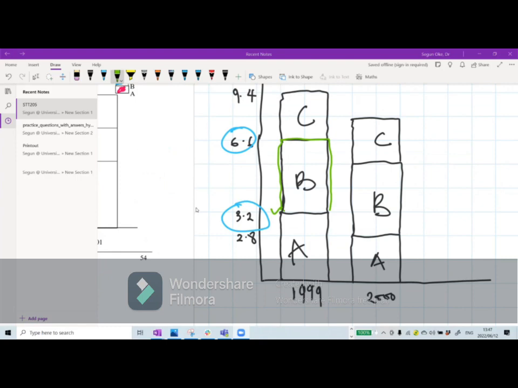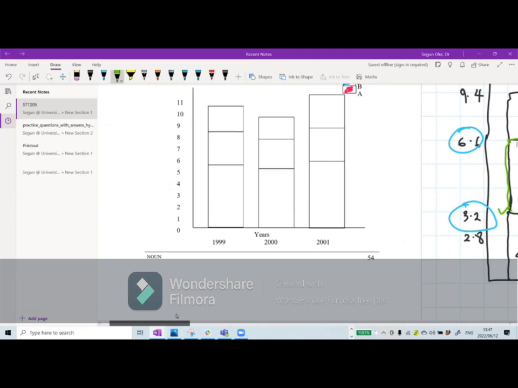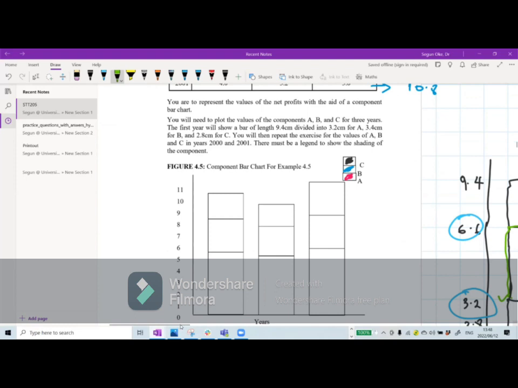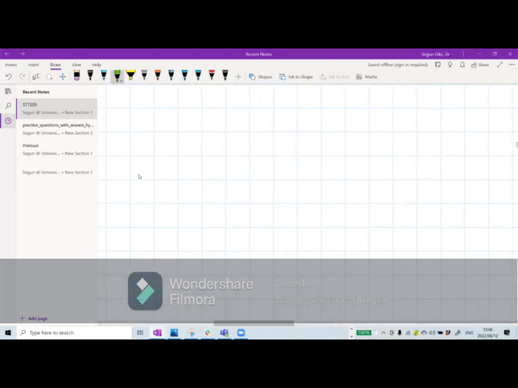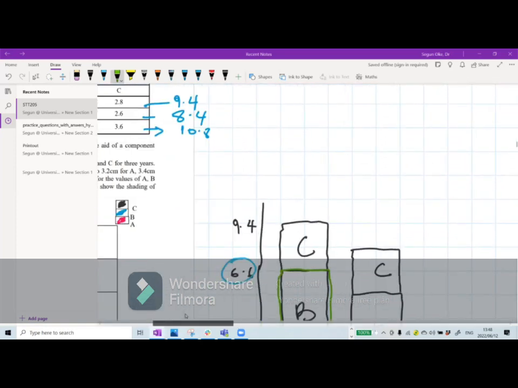Then the last value there is what? 6.6 plus 2.8, that is 9.4. Extend it to 9.4. That is why you see our C. We place the C there.